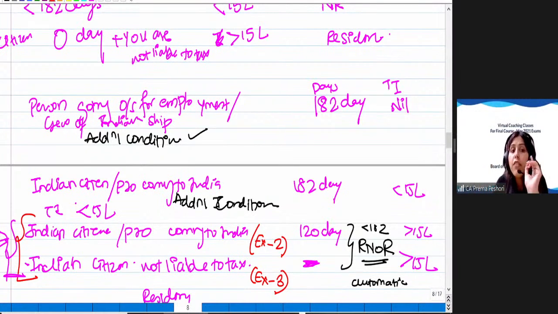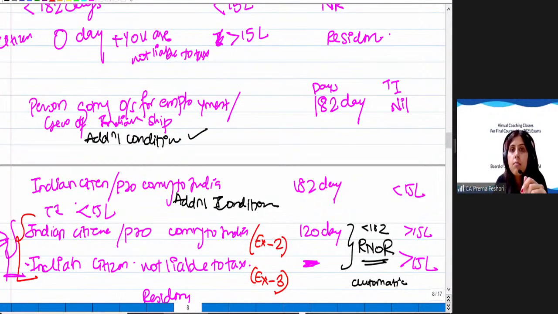Clear? If an Indian citizen or PIO is coming into India having total income more than 15 lakh, 120-day limit. If an Indian citizen is not liable to tax in any country, then in that case, if his income is greater than 15 lakh, irrespective of the number of days of stay, he will be deemed resident.